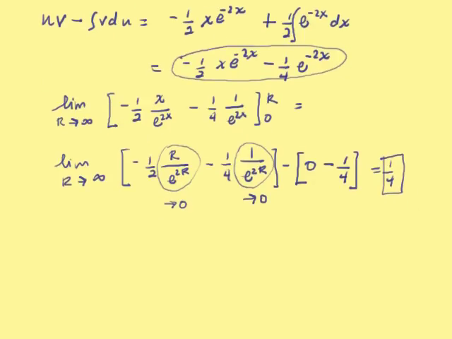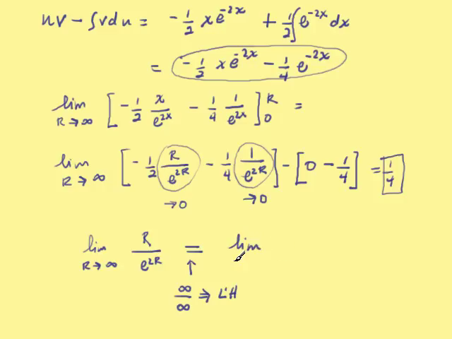All right, let's do this first limit that we circled. The limit as r goes to infinity of r over e to the 2r. This is of the form infinity over infinity, so we're going to use L'Hopital's rule.